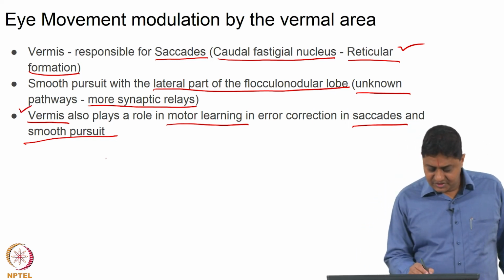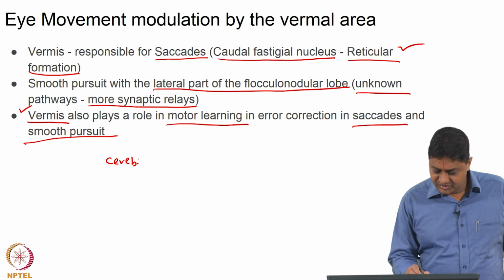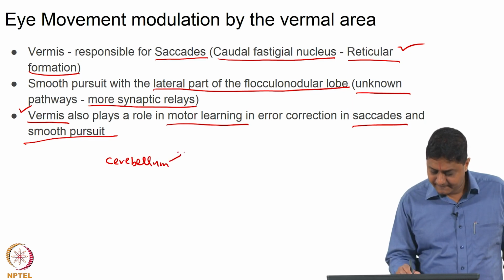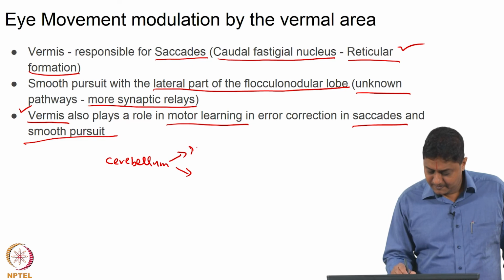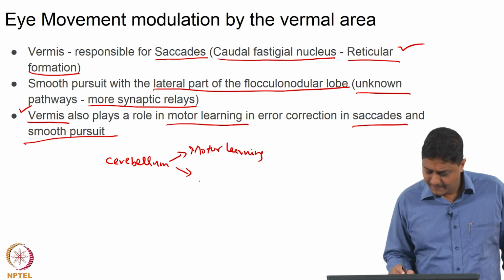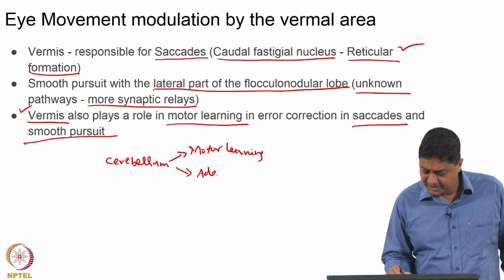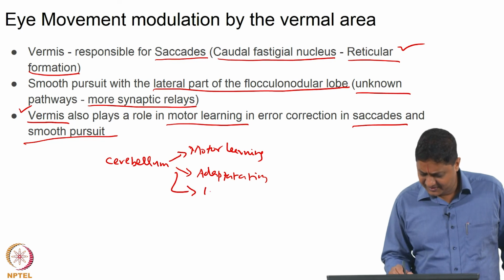So, actually it turns out that the cerebellum performs two forms of error correction. One is called motor learning, the other is called adaptation, the other is simply called error correction.